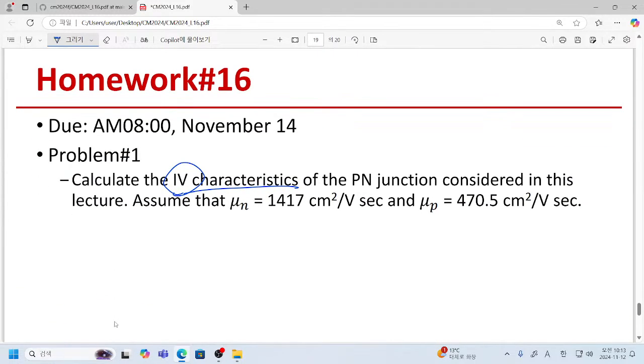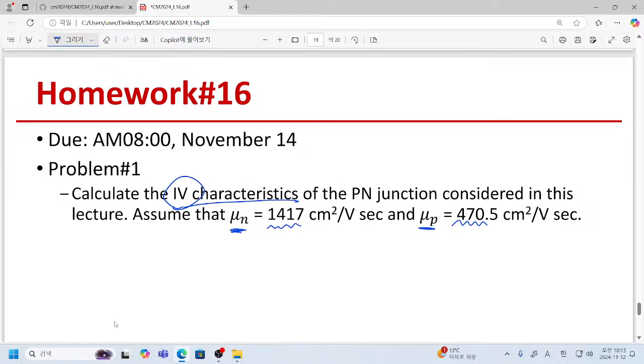In this case, of course, you need the mobility values, and for electrons, please use this relatively high value, and for holes, please use a relatively low value. So now you can solve this system. Details of implementation are already summarized in this lecture material.